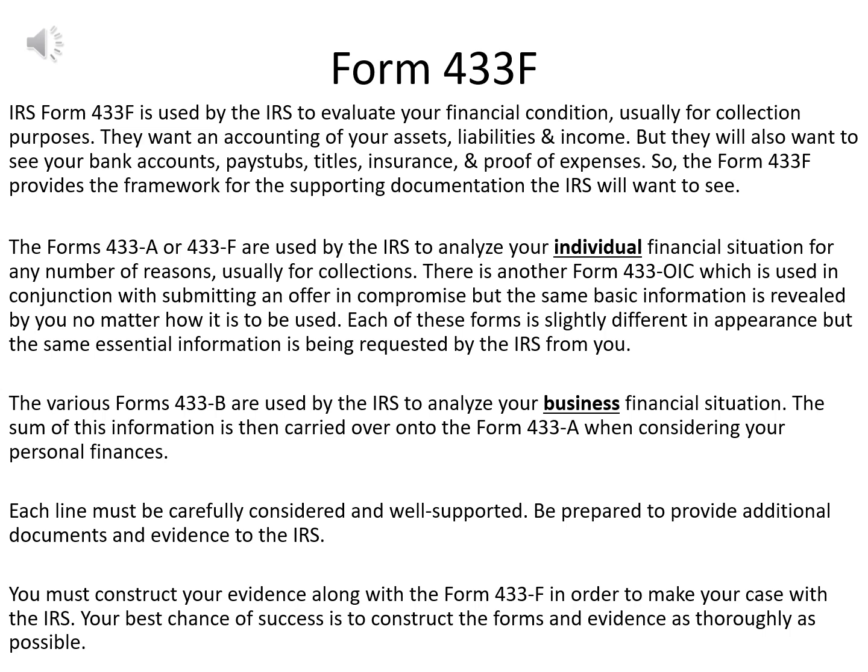Each of these forms is slightly different in appearance, but the same essential information is being requested by the IRS from you. The various Forms 433B are used by the IRS to analyze your business financial situation. The sum of this information is then carried over onto the Form 433A or 433F when considering your personal finances.